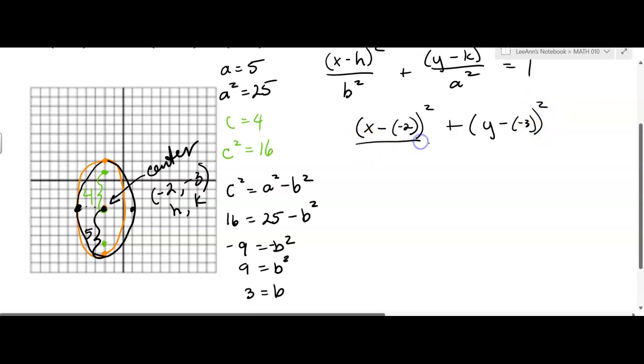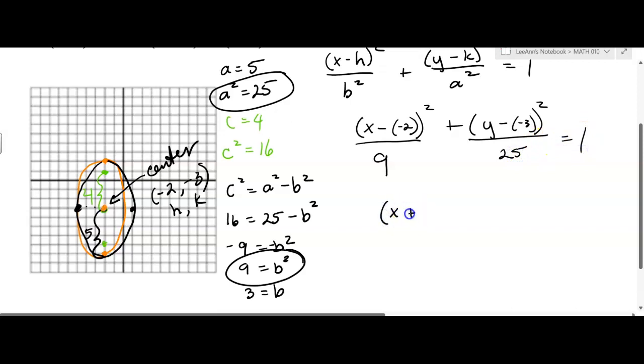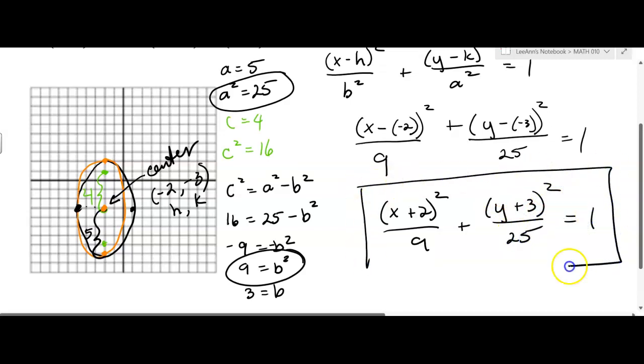And then my b squared was 9, that came from right there, and my a squared, we knew that, was 25. So I'm just going to write it one more time so it looks nice. (x plus 2) squared over 9 plus (y plus 3) squared over 25 equals 1. That is going to be the equation for this ellipse in standard form.